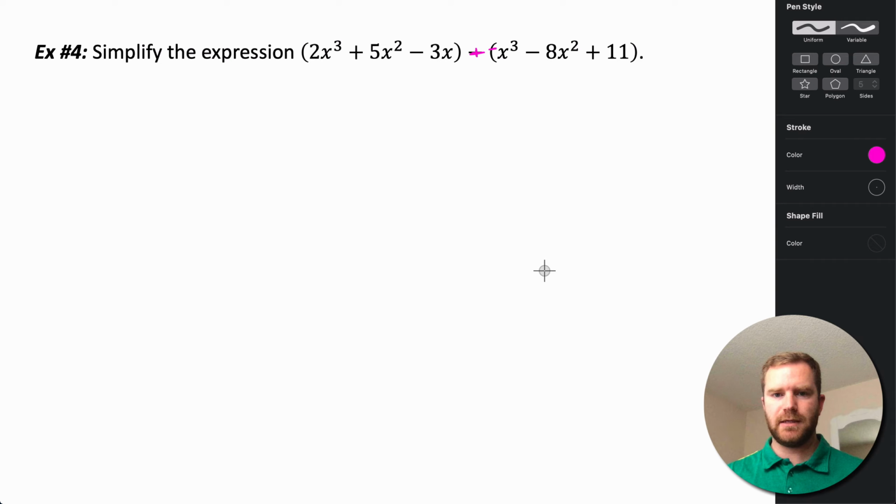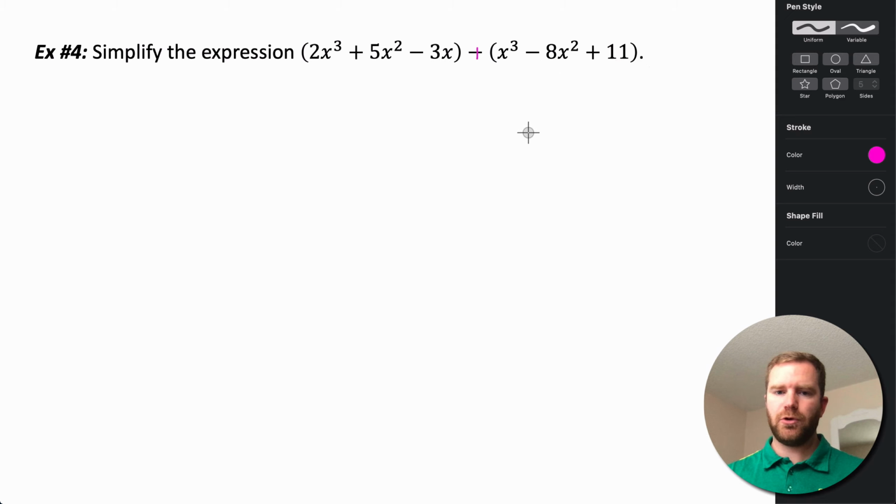Essentially, what that does is it changes all of your signs. So you can take this negative and distribute it through to everything in the polynomial after the subtraction sign, and that would change this to an addition by the opposite signs, right? And then you can just combine your like terms that way.